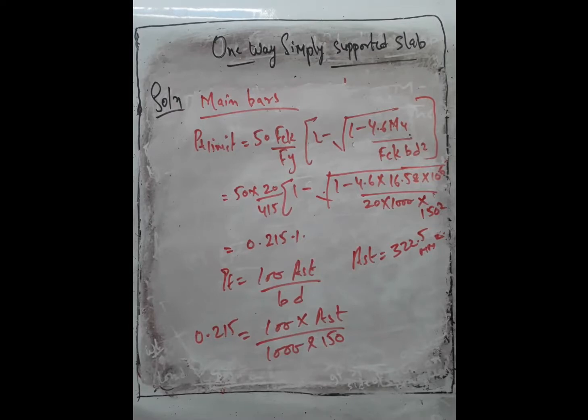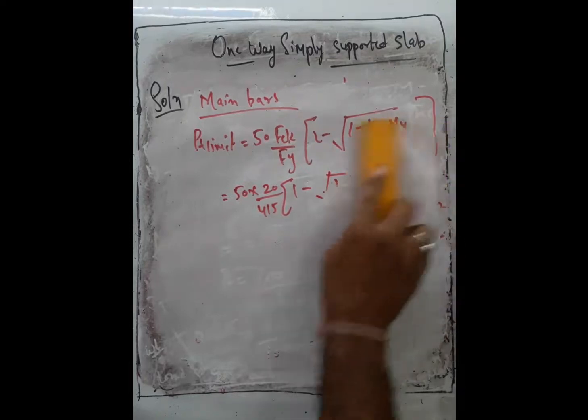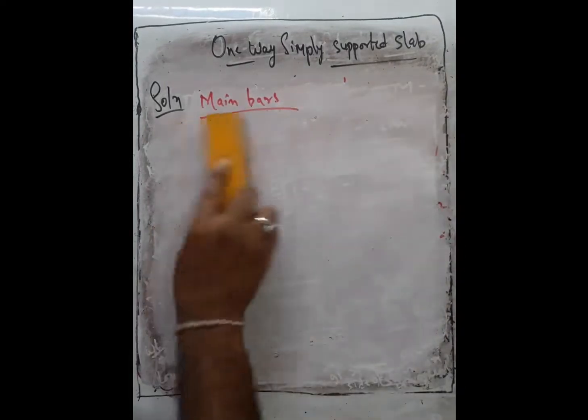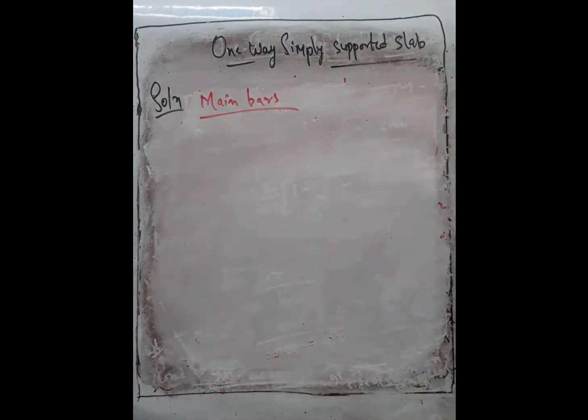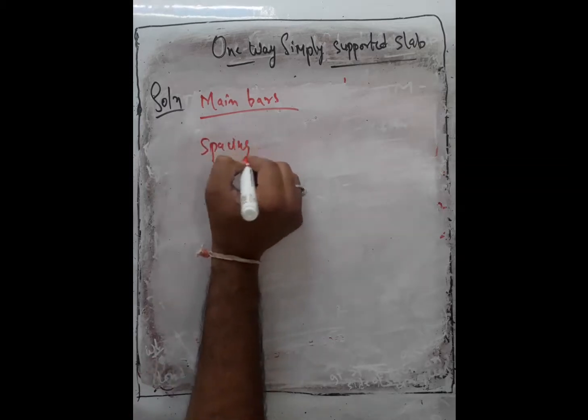After finding the area of steel, we have to find the spacing, because we have provided reinforcement at a particular spacing. So for that we require spacing also. For finding the spacing, we have one formula which we write in this form.